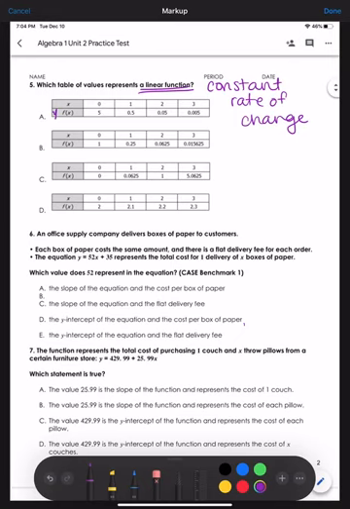So we're specifically looking for a pattern in which x is increasing at a constant rate, increasing or decreasing, and so is y. So we're going to take a look at these and see if we find a pattern. So this first one, 0 to 1, that's a plus 1. 1 to 2, that's a plus 1. 2 to 3, that's a plus 1.